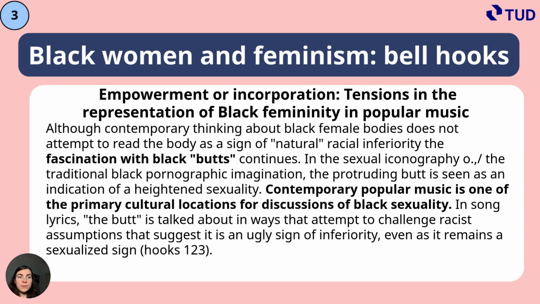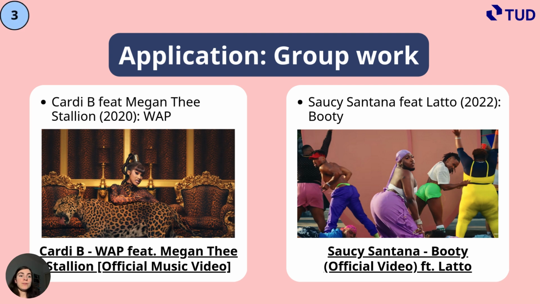With that thought, I would like to go to the second-to-last slide, where we have two videos. You can have a look at those videos because I'll give you the link in the description again. Two videos by African American artists that use this trope of the black butt and the idea of Black sexuality and Black womanhood, and use those very stereotypical and previously oppressing tropes to represent themselves in the sense of empowerment, to use Black sexuality as a very empowering trope.